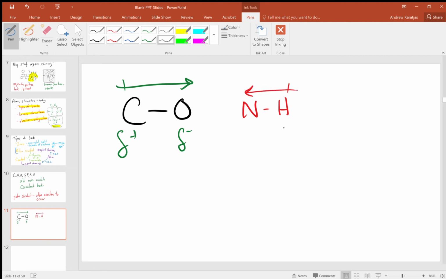And so we get an attraction between the oxygen and that hydrogen because they're of opposite charges. Or we might get an attraction between the partial minus of the nitrogen and the partial positive of the carbon. So these covalent bonds and these polar covalent bonds, as I said, are responsible for most of what we see in bonding.